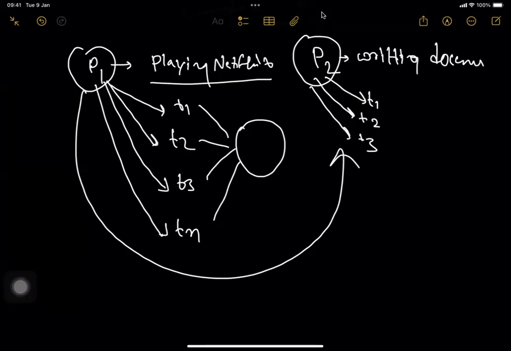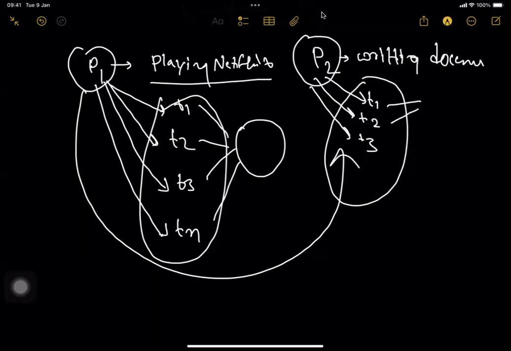But if you have multiple threads running within a process, they share a common memory. T1, T2, T3, T4 here utilize the same memory area.